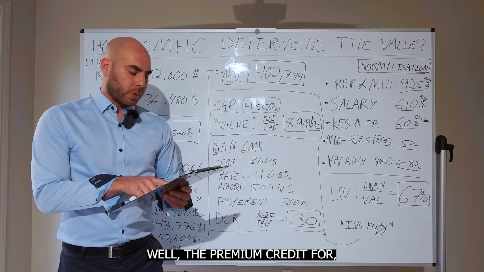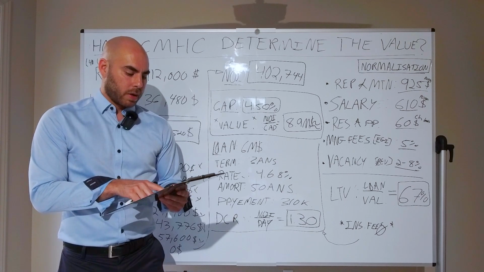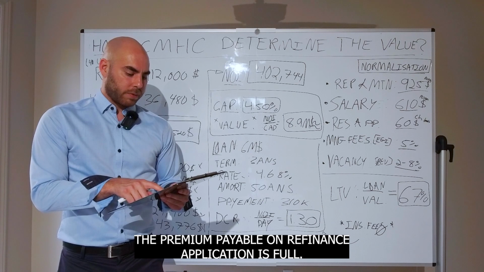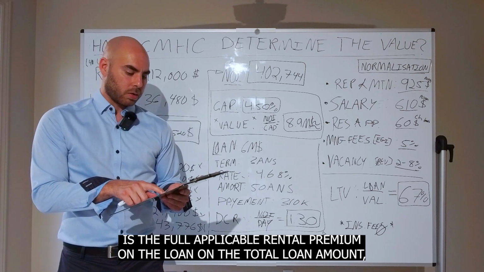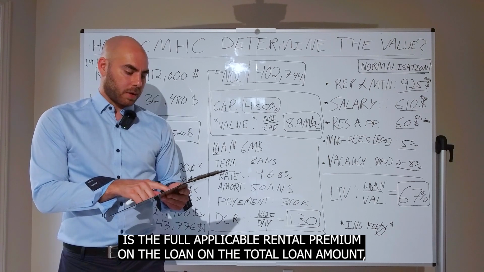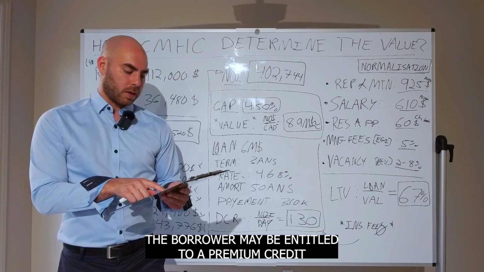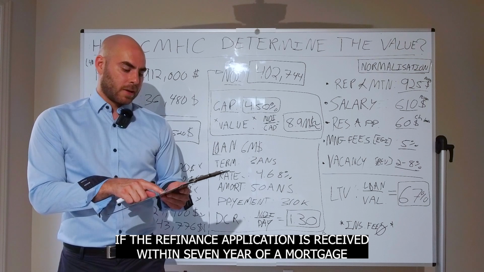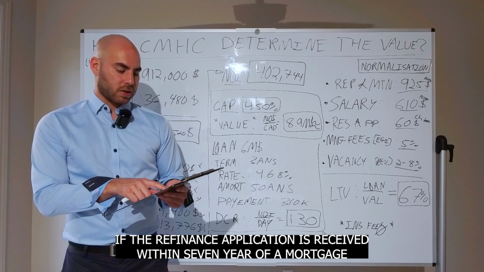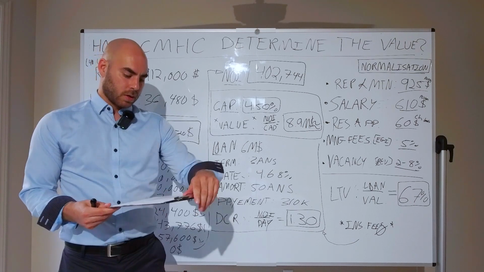Well, for a refinance of an existing CMHC insured loan, the premium payable on the refinance application is the full applicable rental premium on the total loan amount, additional funds plus the outstanding balance of existing mortgages. The borrower may be entitled to a premium credit if the refinance application is received within 7 years of a mortgage that was previously CMHC insured.